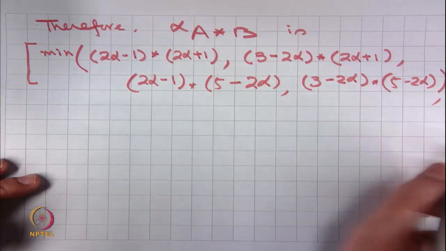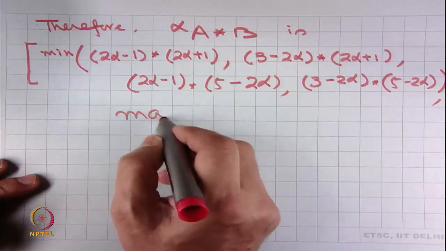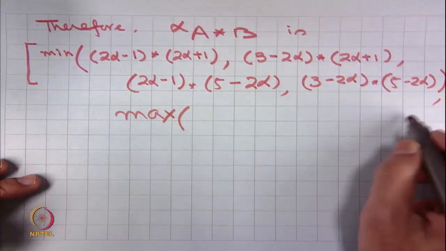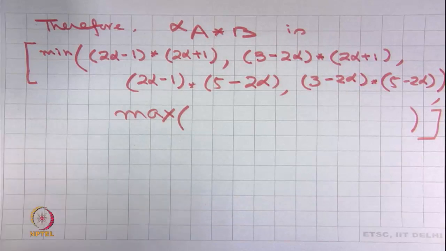And the upper limit is going to be the maximum of the same 4 quantities. So, let us first calculate the values.